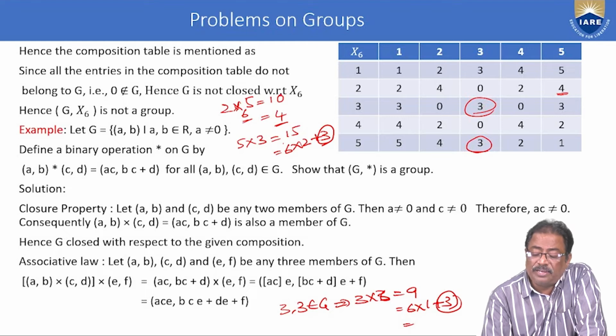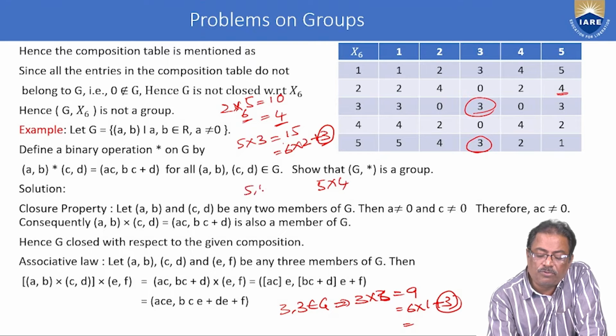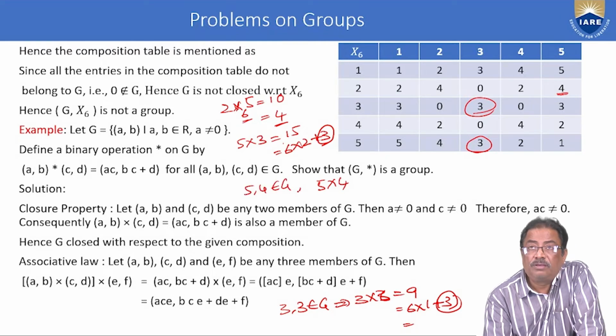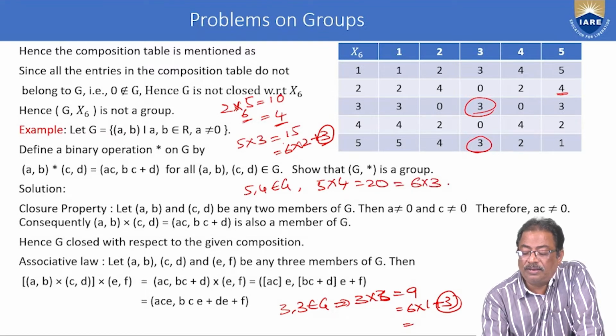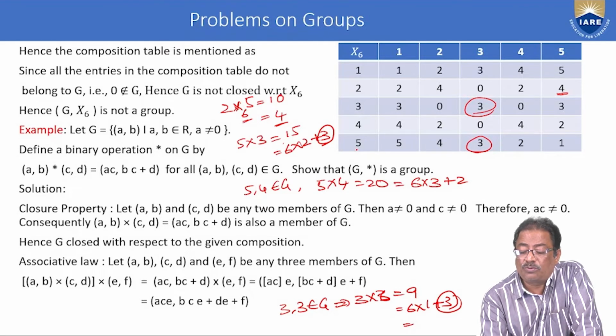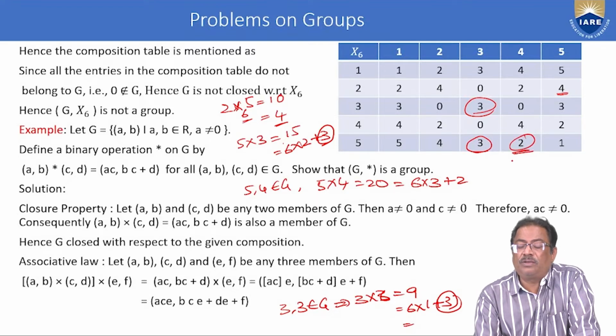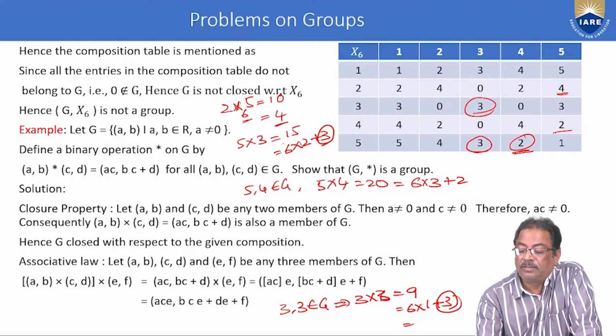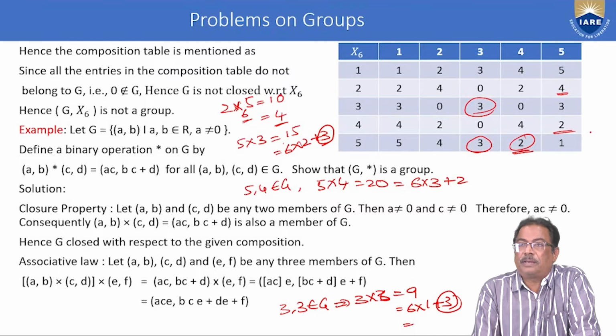Similarly, if I consider 5 and 4 belonging to G, 5 into 4 is 20. 20 can be written as 6 into 3, 18, plus 2. Or else divide, and whatever the remainder is, you consider that. So 5 into 4 gives 2. Similarly 4 into 5 also gives the same.